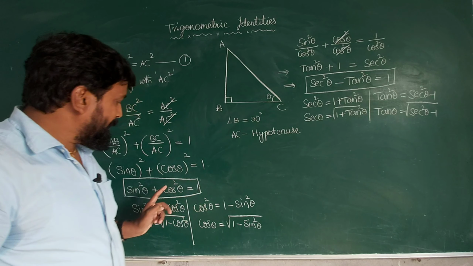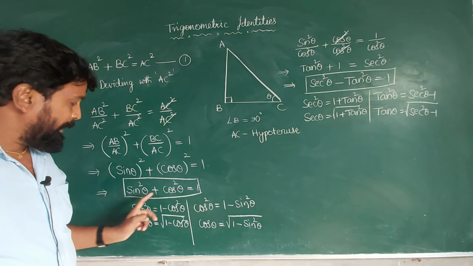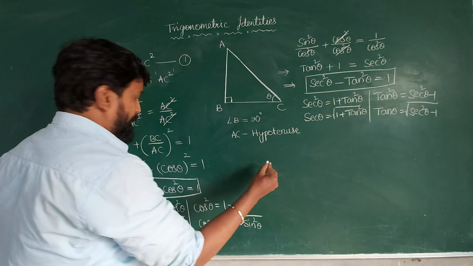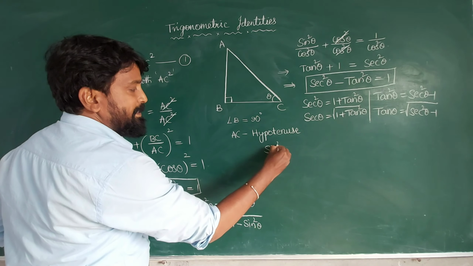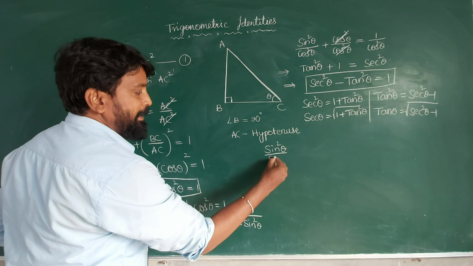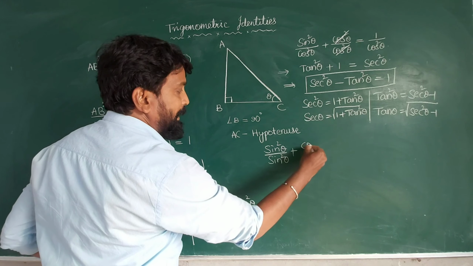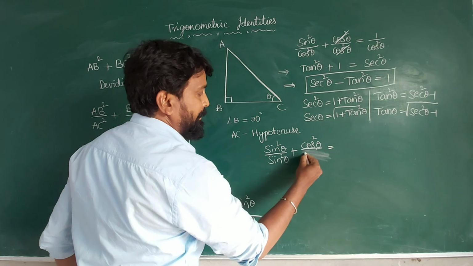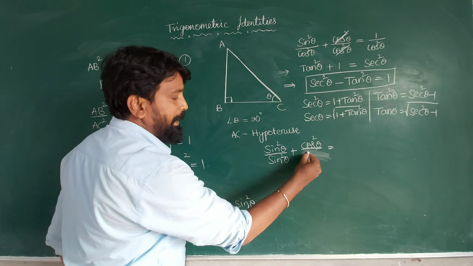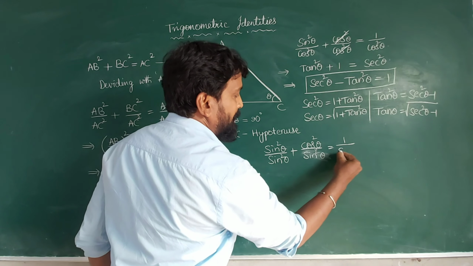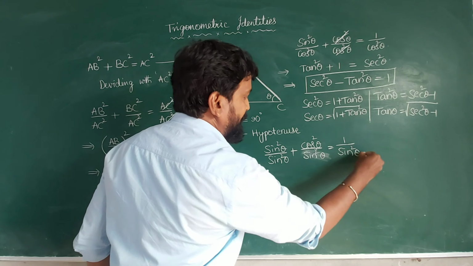Now divide the first trigonometric identity by sin square theta. Sin square theta by sin square theta plus cos square theta by sin square theta is equal to 1 by sin square theta.